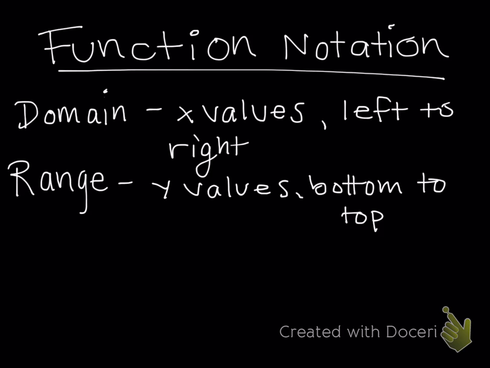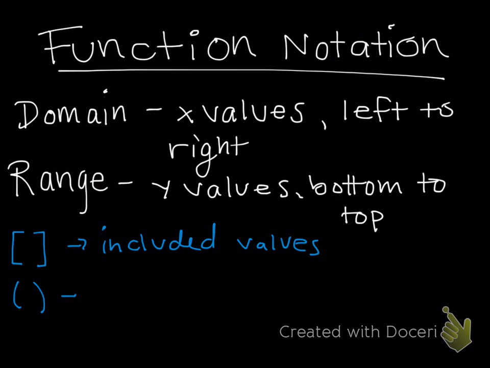So just some general knowledge here. If a value is included, we use a bracket. So brackets indicate included values. Whereas regular parentheses would indicate not included values. So for instance, that would be used if we have an open dot.